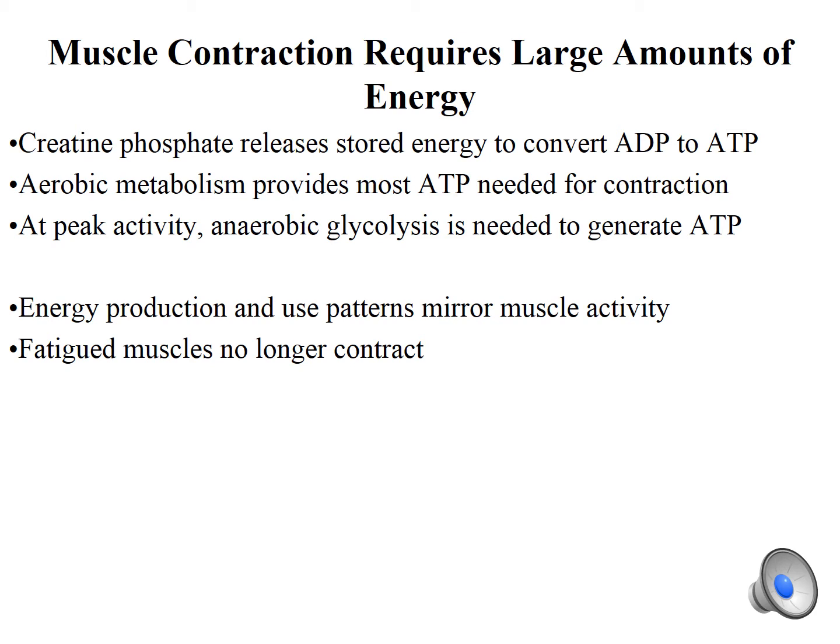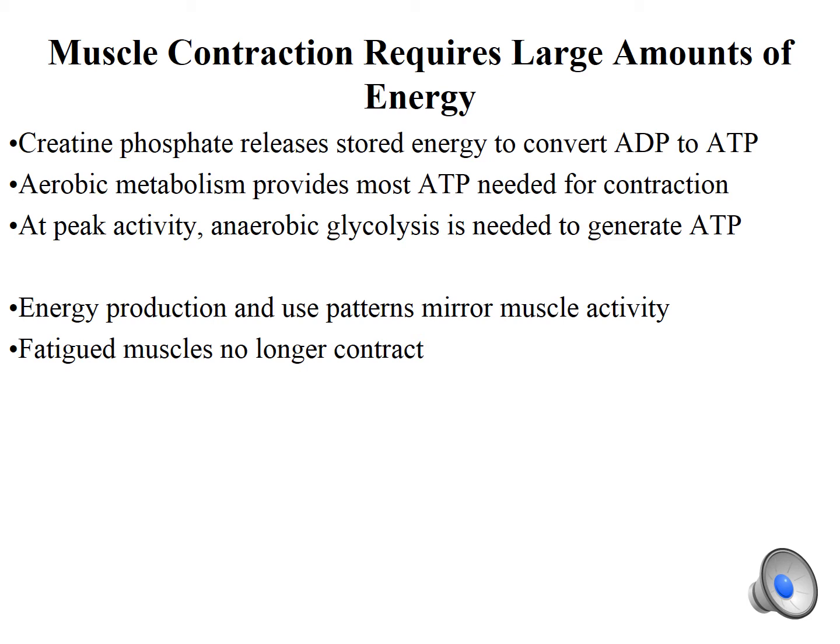So energy production and use patterns mirror muscle activity. Fatigued muscles no longer contract. What this is saying is that ATP is needed for muscle contraction. And as your body starts to get tired or fatigued or run out of oxygen, it will do anaerobic glycolysis, which will help produce some ATP.